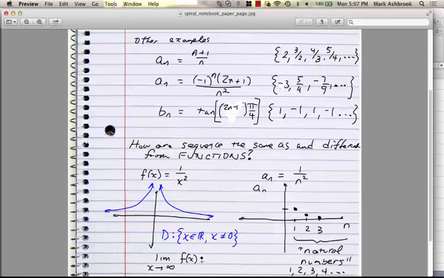What is it? 0. And so if the limit of the function as x gets really big is 0, then the limit of the sequence as n gets really big is 0. That should make perfect sense. So we use our finding limits of functions to find limits of sequences as well.